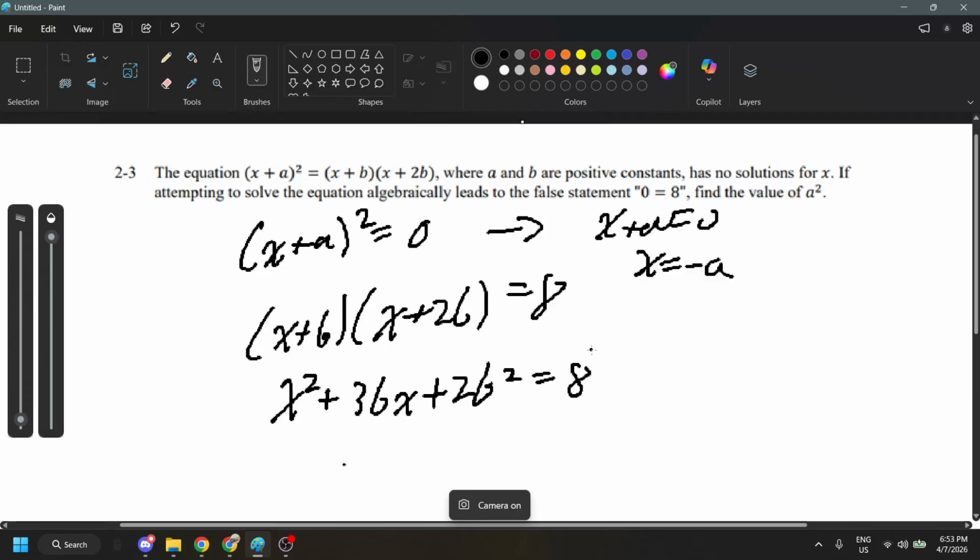Now I could use the quadratic formula to solve this. I don't know if that's the right thing to do, because that's going to lead to a huge equation. I could plug negative a in here. Let's try that. Then we get a squared minus 3ab plus 2b squared is equal to 8.